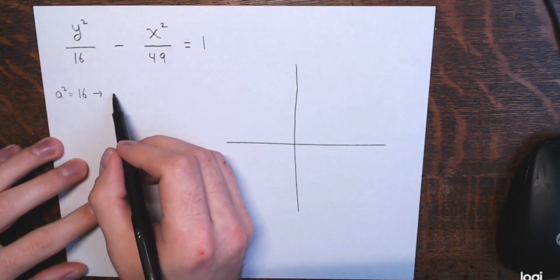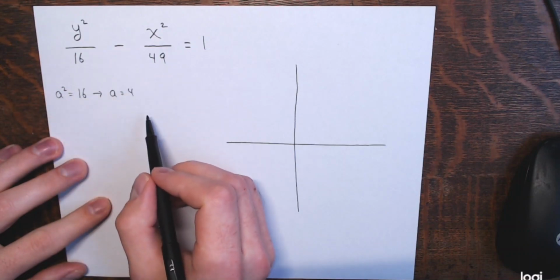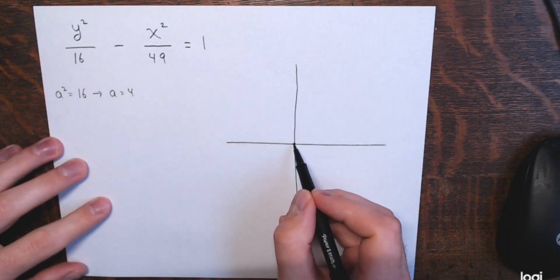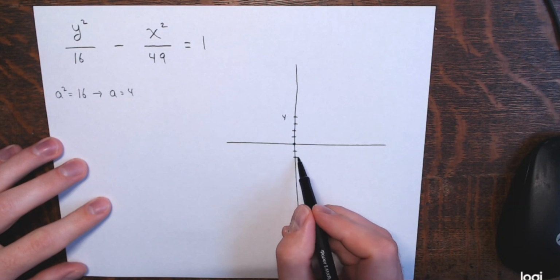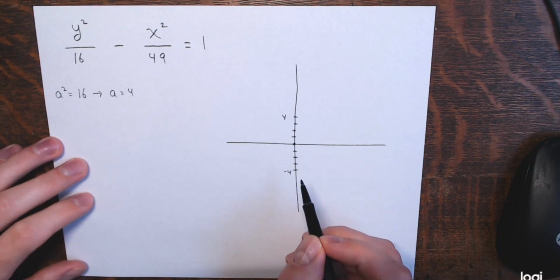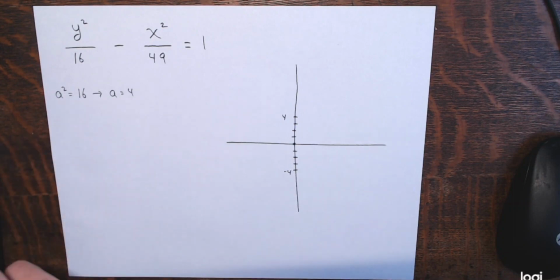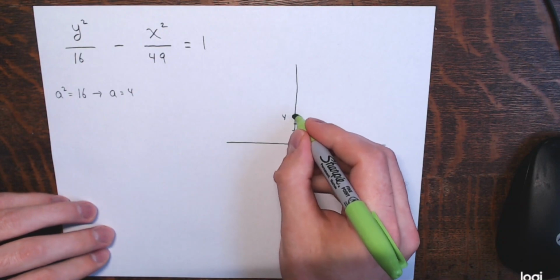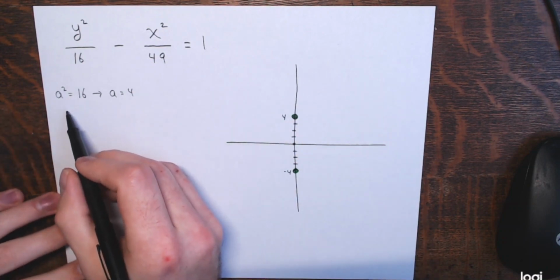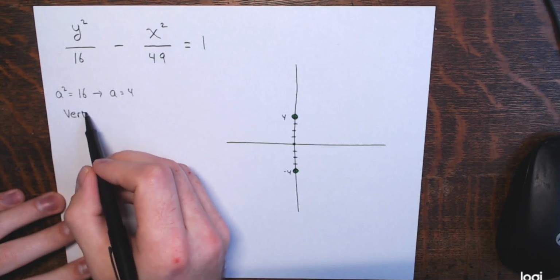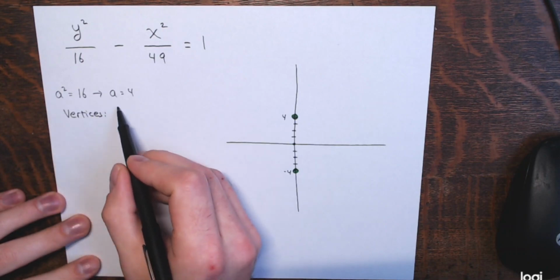So the value of a is 4, and I'm going above and below the center. So 4 units up for one of the vertices, 4 units down for the other vertex. So the vertices are at 0, 4, and 0, negative 4. Zero plus or minus 4.